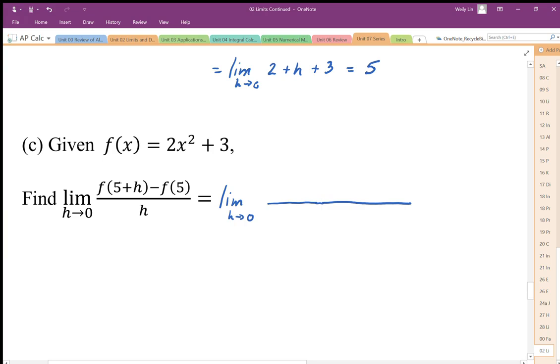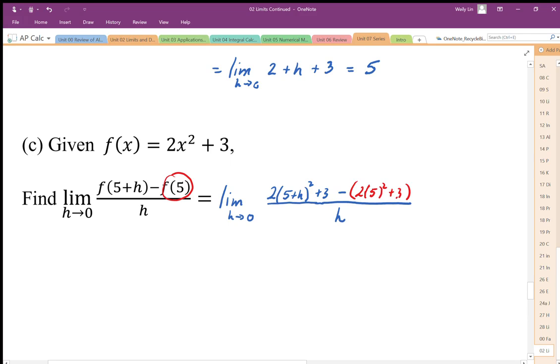F of 5 plus h means I'm just going to plug in 5 plus h into that expression: 5 plus h squared plus 3, and then minus, I'm going to do this part in a different color, so there's my f of 5. F of 5 is just going to be 2 times 5 squared plus 3. Let's put that in brackets, and that's all divided by h.